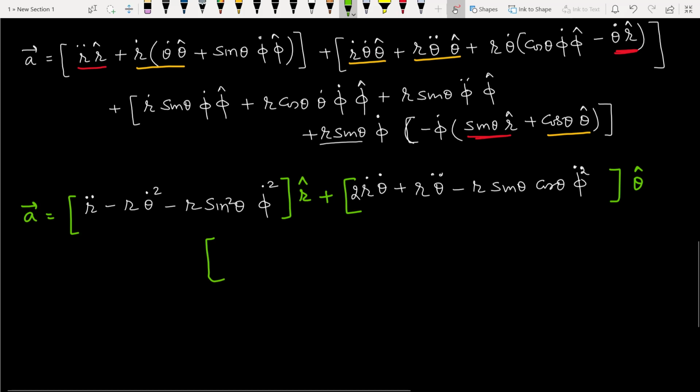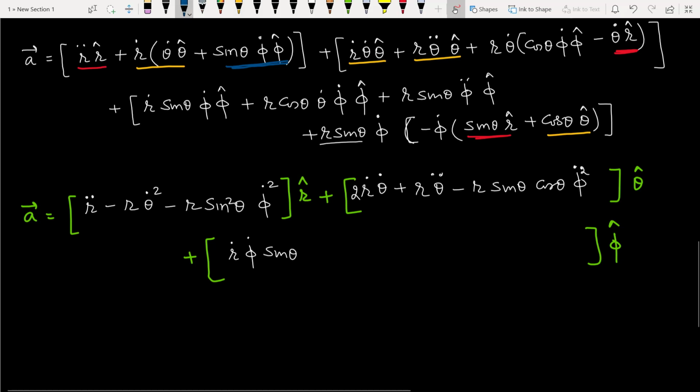So the last term, it is with phi cap. So we reassemble the remaining terms underlined with blue color. So it is r dot phi dot sine theta.